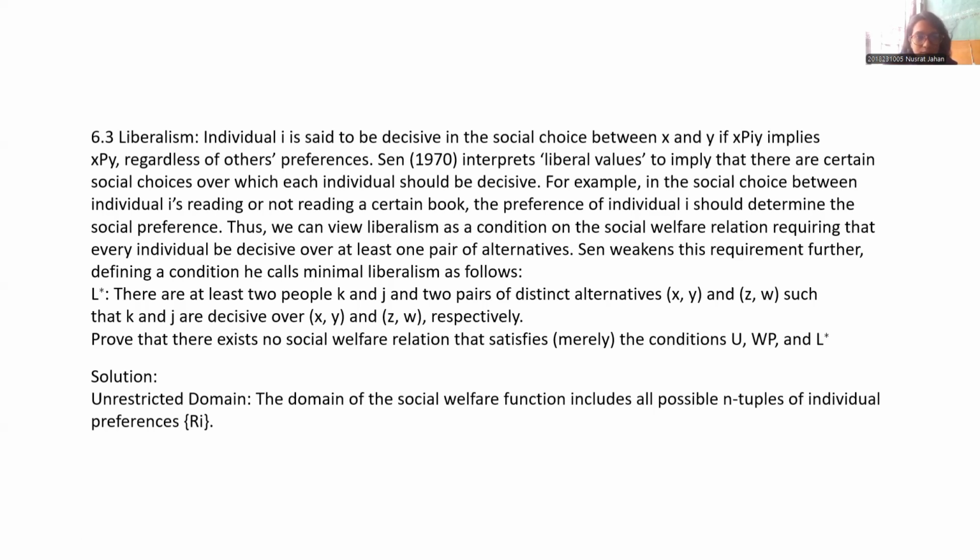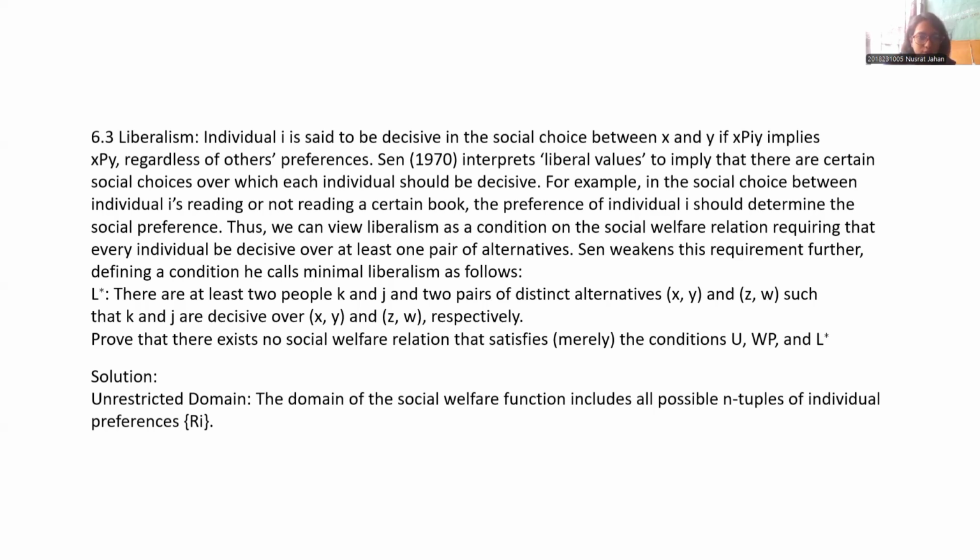Well, then Sen (1970) interprets liberal values to imply that there are certain social choices over which each individual should be decisive. For example, in the social choice between individual i reading or not reading a certain book, the preference of individual i should determine the social preference.